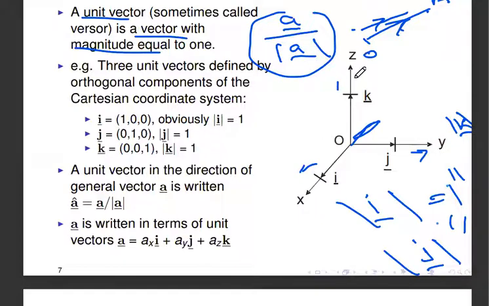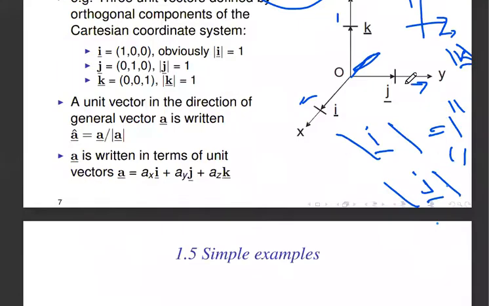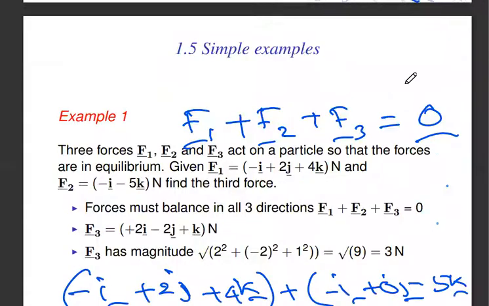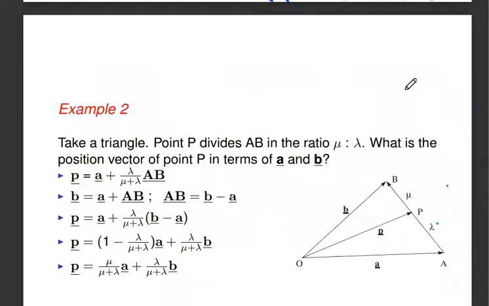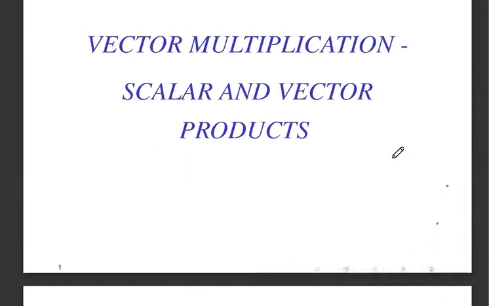If you have a 3D coordinate system, definitely you have to introduce 3 unit vectors along the axes. If you have a two-dimensional coordinate system, definitely you have to take 2 unit vectors along the axes, right?